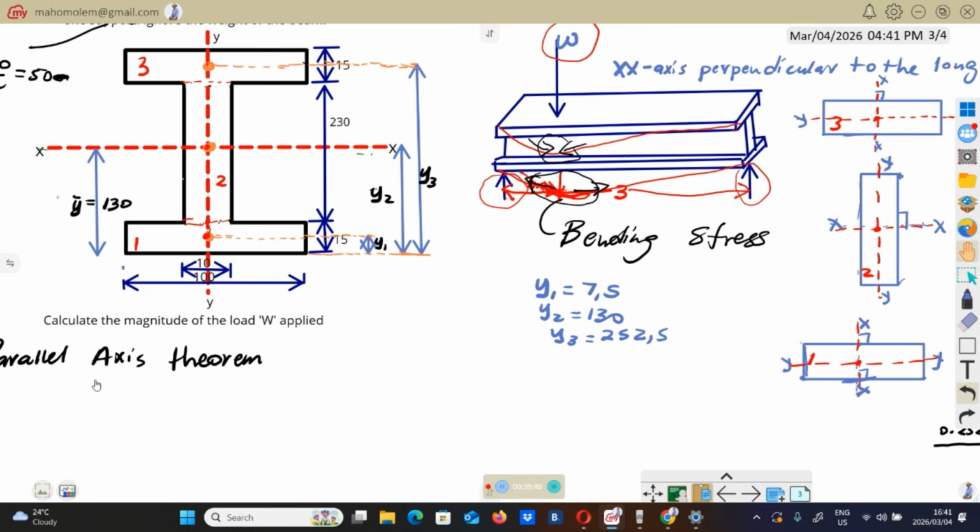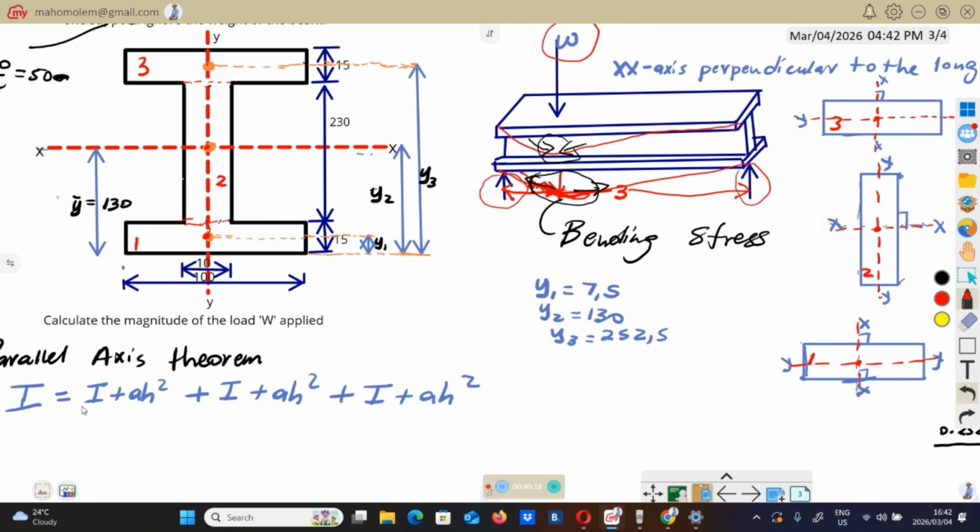Right. So the parallel axis theorem will be written like this. We have 3 sections or 3 rectangles, so we are going to write it like this: I equals I plus area H squared, plus I plus area H squared, plus I plus A H squared.